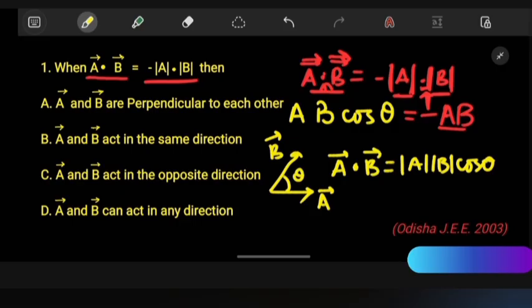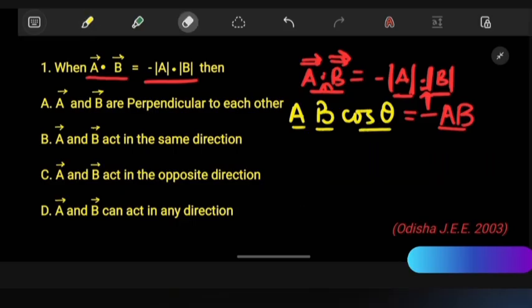Okay, so mod A is A, mod B is B, and cos theta. Okay, so what will we do? So this side also has mod A, that is A, and A, so we will cancel A, we will cancel B, so we will be left with cos theta is, this minus is left, minus 1.